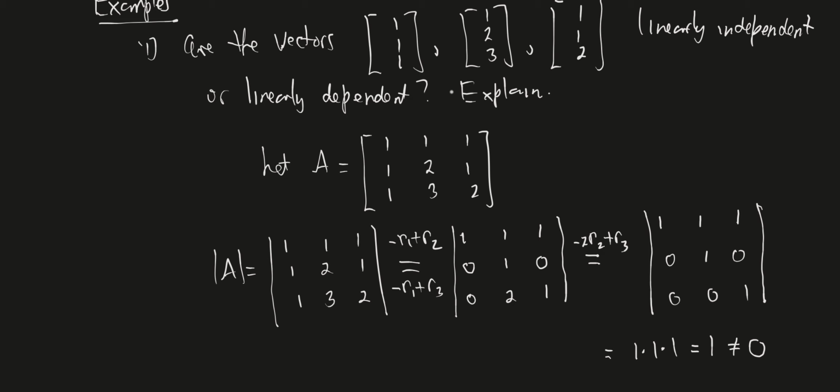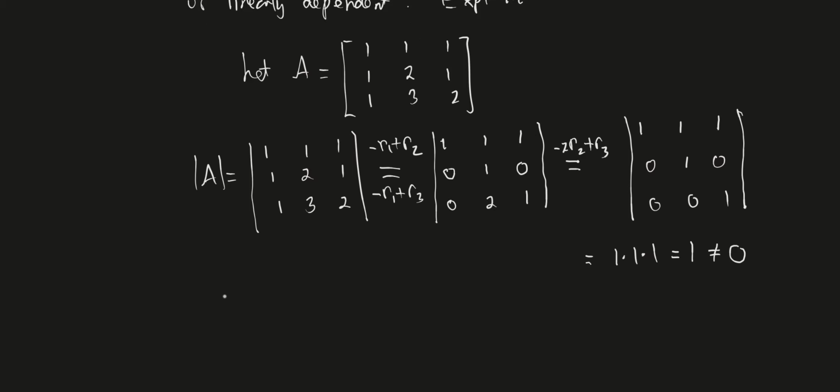There is no non-trivial way to combine these three vectors in order to produce the 0 vector. So these vectors are linearly independent.